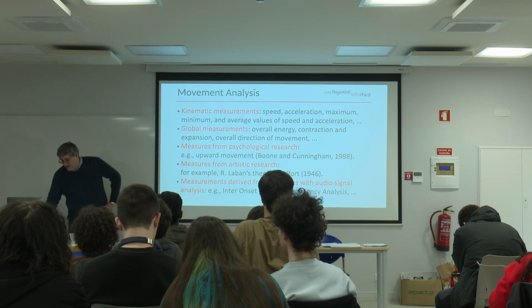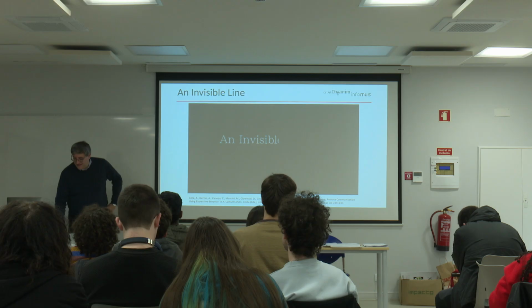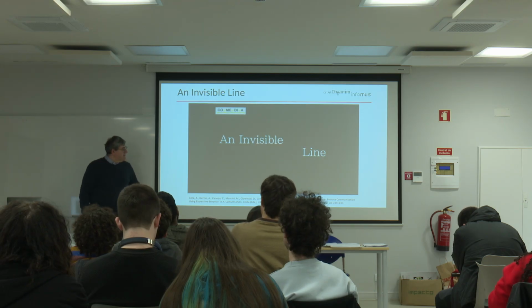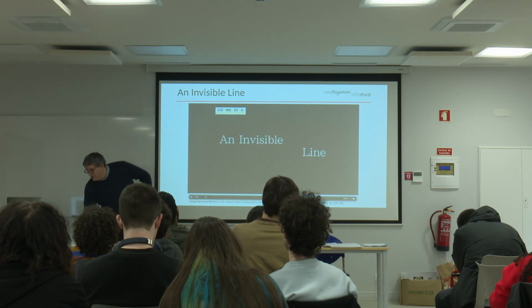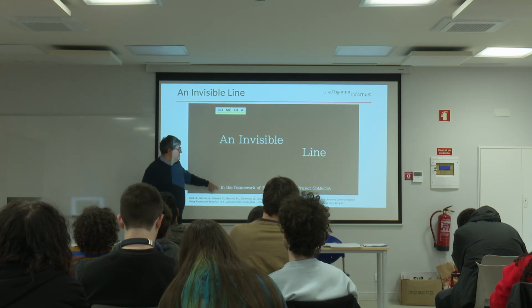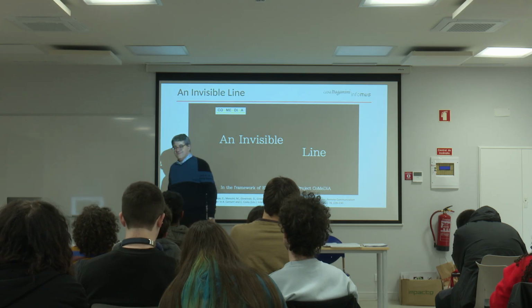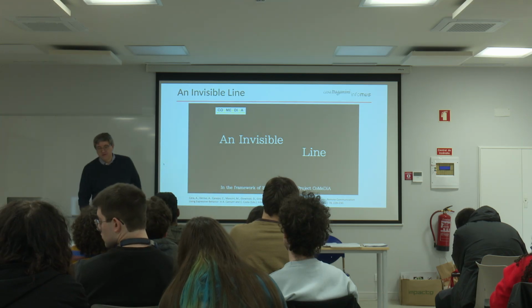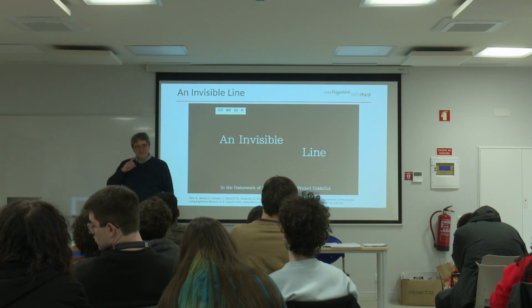But I don't go into much detail, and I will show you instead an example, which is an invisible line. This was something that we did in a project which is quite old, Comedia. This was a kind of EU culture project at that time.